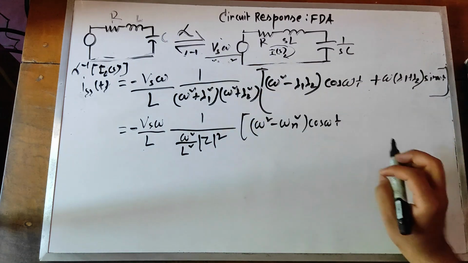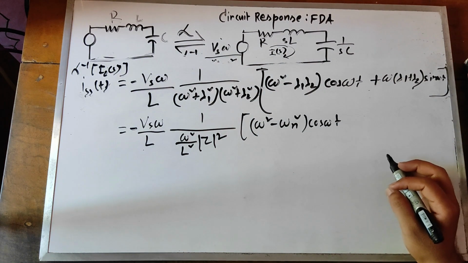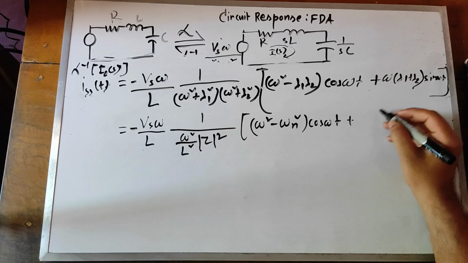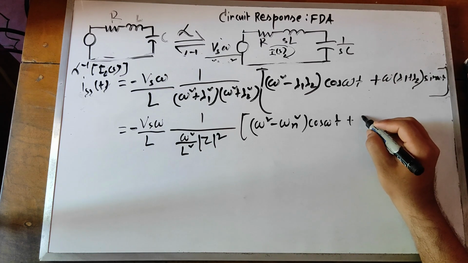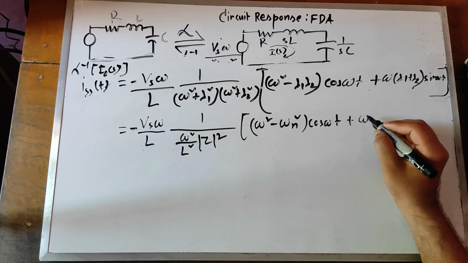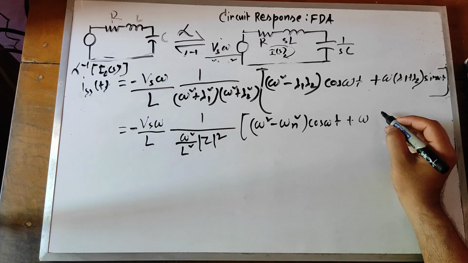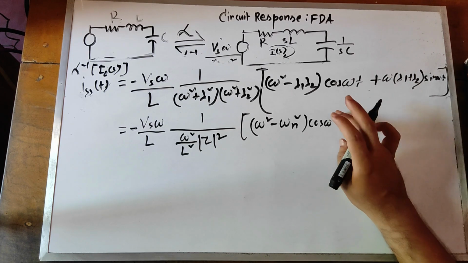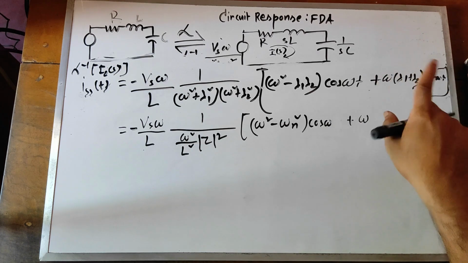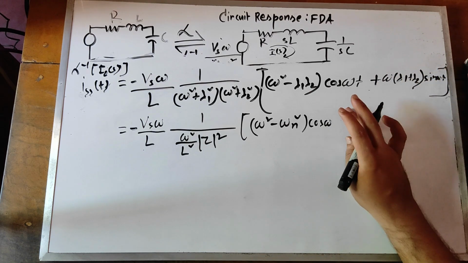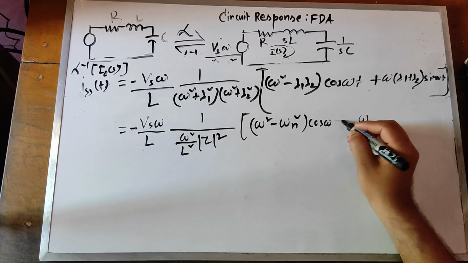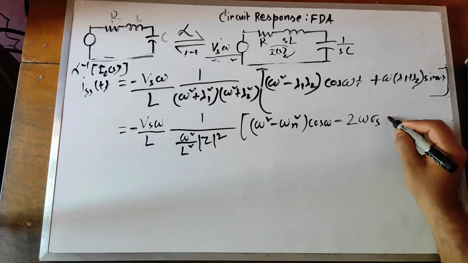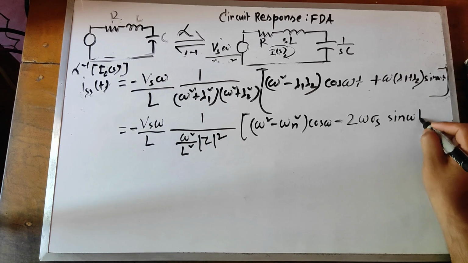So lambda 1 plus lambda 2 is minus 2 sigma s, so this will give me minus 2 sigma s sin omega t.